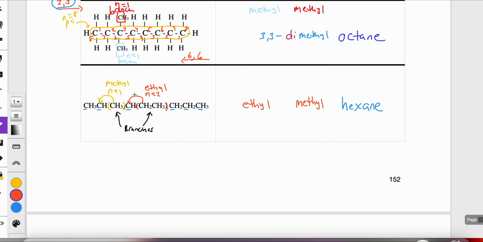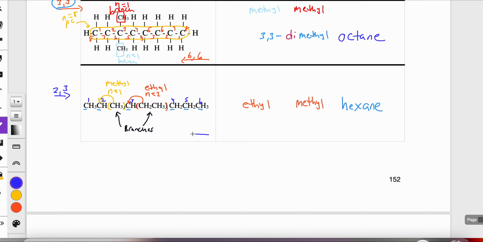Now we need to do numbering. So we have to figure out their locations. So still do it left to right, but only number the carbons I underlined in blue. So carbon 1, 2, 3, 4, 5, 6. So the yellow one is on carbon 2 left to right, and the orange one is on carbon 3.